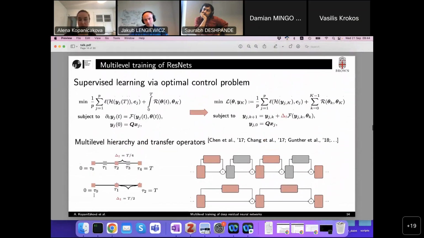If you have a layer corresponding to this time step, you would just copy parameters associated with this layer to the layer above, and also here. So this would be the piecewise constant approach. You can also do a piecewise linear approach, where parameters of this layer would be computed by averaging parameters of this layer with parameters of this layer. But there is no learning involved. These transfer operators are prescribed at the beginning of your training process, and you just keep them constant.